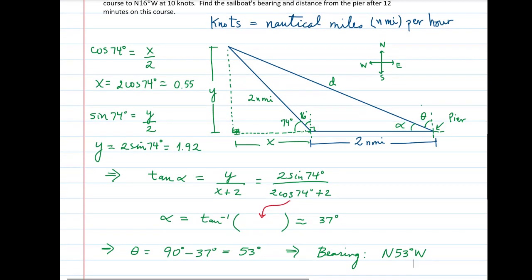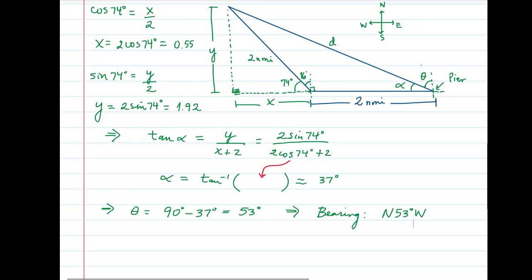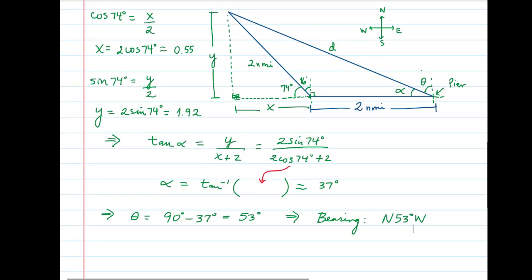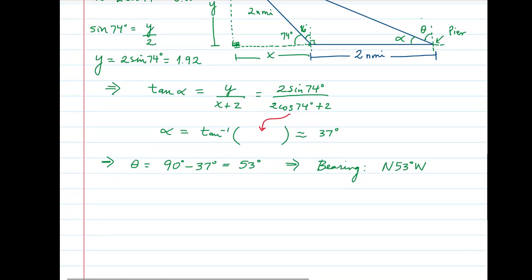Since we have x and y, you can use the Pythagorean theorem. Really, you don't need to use any of the trig here, but let's use the trig just to practice anyways. We have this angle alpha now, and we have this side y, and we can use sine of alpha to find this d here. So we can set it up this way: sine of alpha is equal to opposite, which is y, over hypotenuse, which is d.